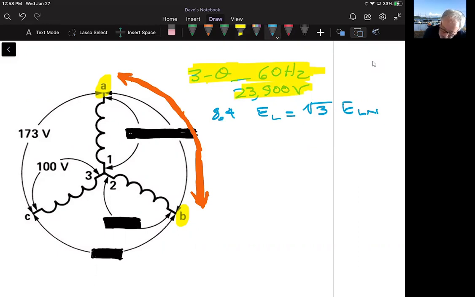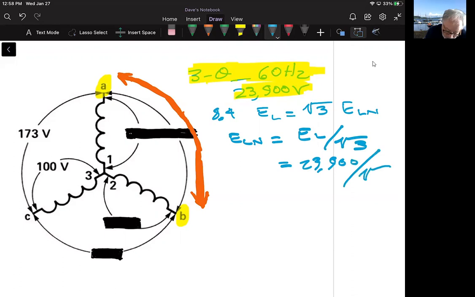Okay, I've got this equation 8.4 that we came up with in the earlier section. I'm going to solve that for ELN. And so ELN is going to be equal to E line divided by square root of 3. And what I will come up with is 23,900 divided by 1.73, our exact value, which is square root of 3. And I come up with 13,800 volts.